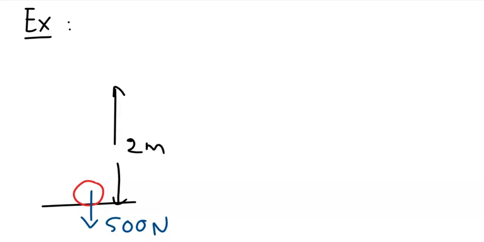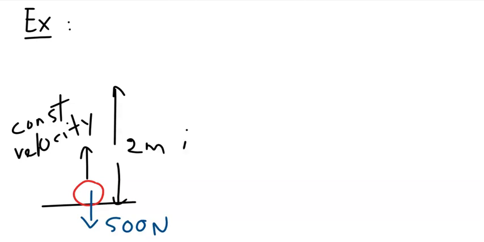In other words, you want to lift this weight upward vertically by a distance of 2 meters. And you want to do that at a constant velocity without any acceleration. And you want to do this in, say, 10 seconds. So this is an example of how power comes into play.